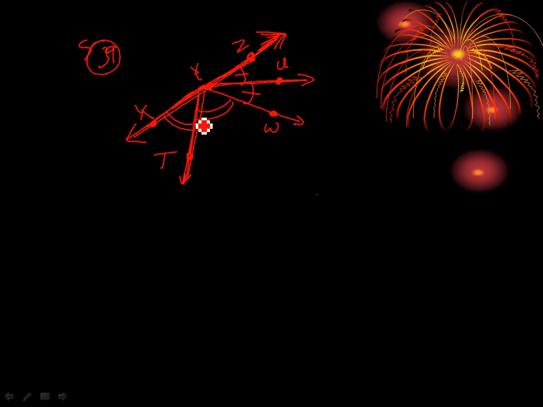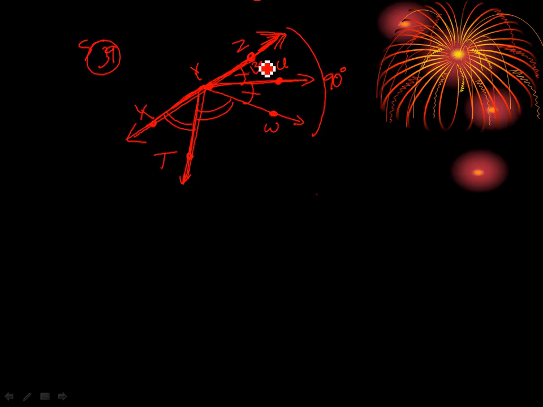And in problem 39, it says if angle ZYW is a right angle, this whole angle right here, if that's a right angle, when my picture really looks off, so that whole angle is 90 degrees. And the measure of angle ZYU, that's this angle right here, is 13A minus 7.